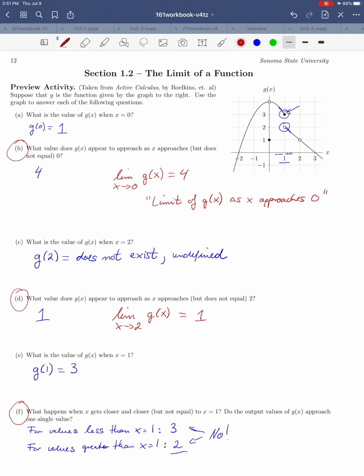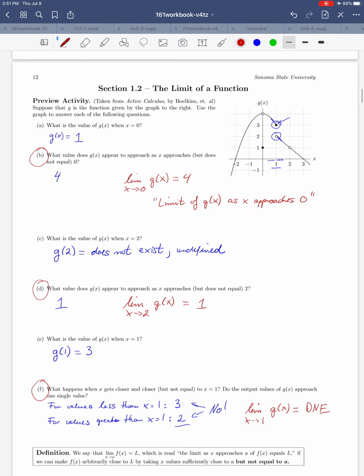And then for part F, we computed the limit as x approaches 1 of g of x. And that was 3 or 2. Well, is it 3 or is it 2? Well, if we can't find one specific answer, then we say that the limit does not exist. So in this case, the limit does not exist.